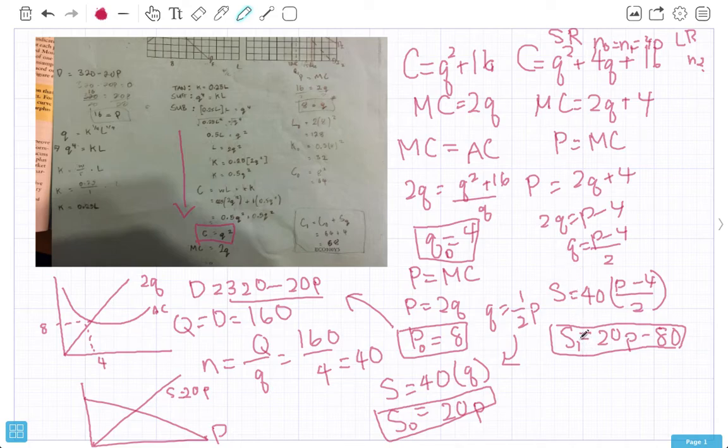And then to find your short run equilibrium price and quantity, you just have to do supply 1 equals demand. Solve for P, you should be able to get P1 equals 10. And plug that into q here. So plug 10 here, then you would get q1 equals 3.